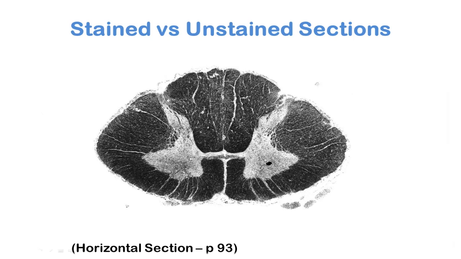Contrast this to this area here of the spinal cord, and here we have a darkly stained section, and that is primarily composed of axons.